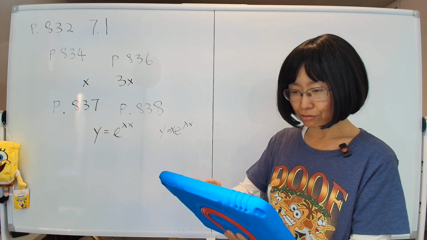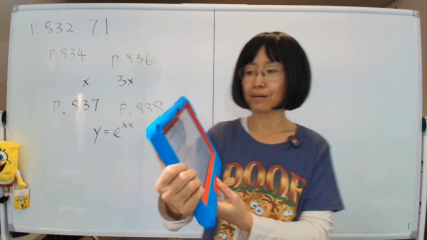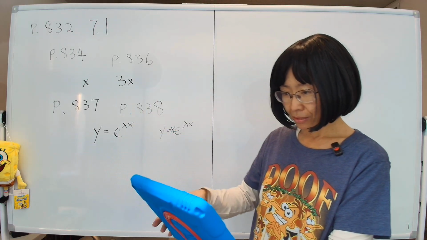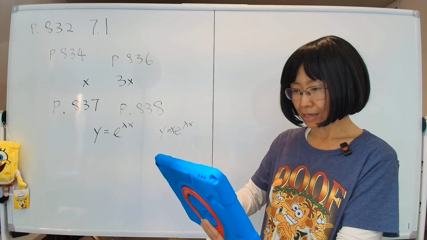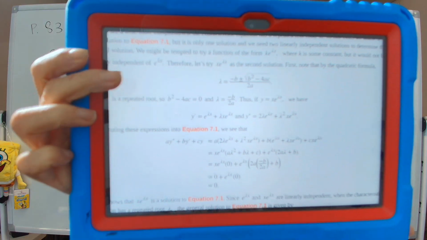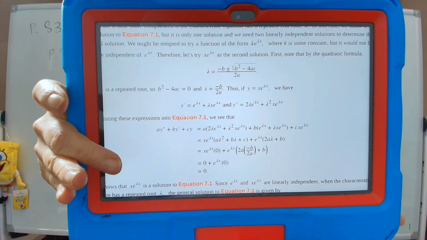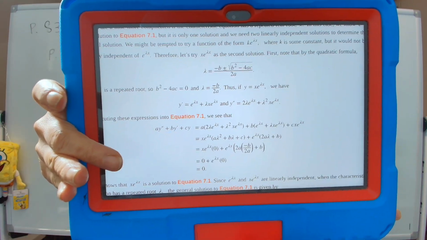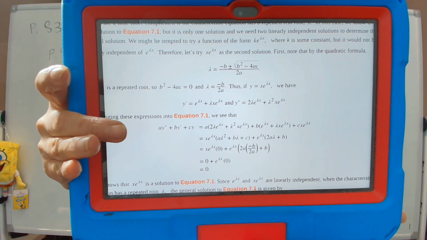So please do this part. I would like you to do this part of the algebra as part of your homework. We are on page 839. Please verify this part, starting from here all the way, that y equals x e to the lambda x does work as a solution.